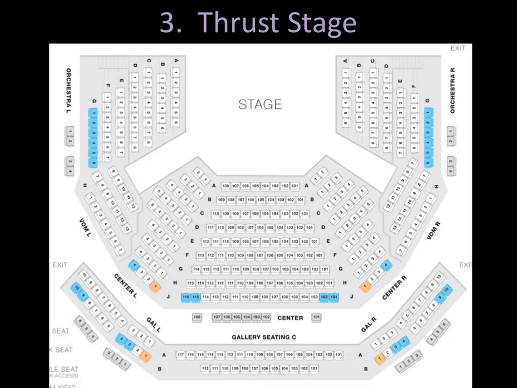And if you're wondering, wait a minute, the VOMs look like they just dead end into audience. Actually, those VOMs go down and under those seating areas. So in some ways, the thrust stage shares features with the arena stage, but not totally, right?